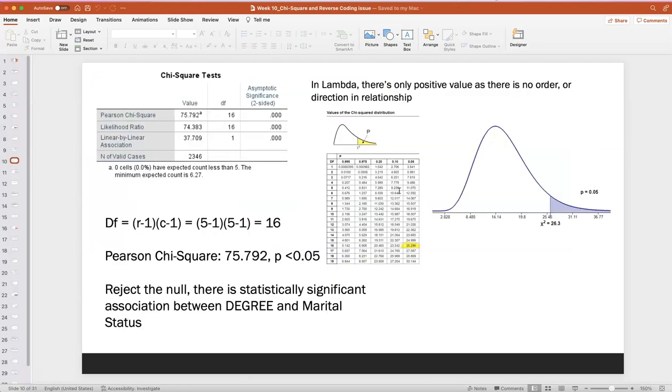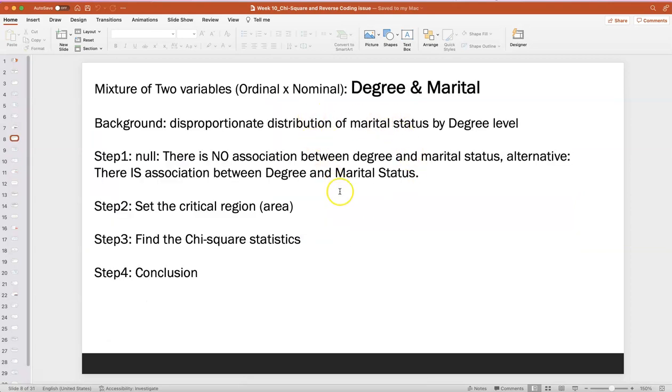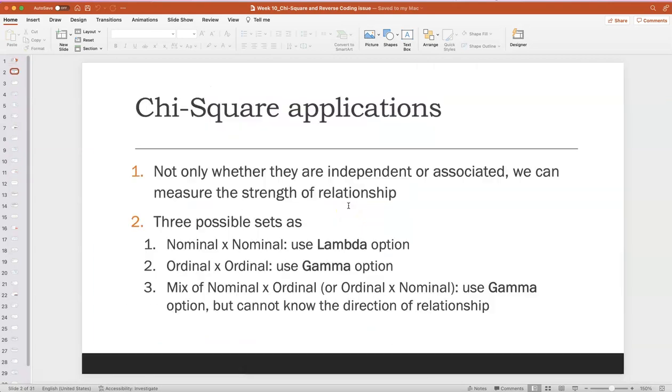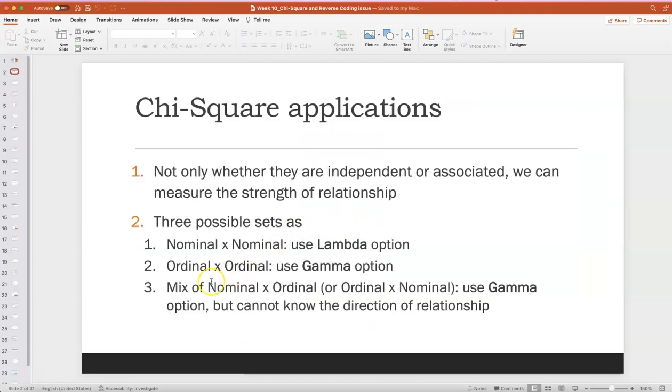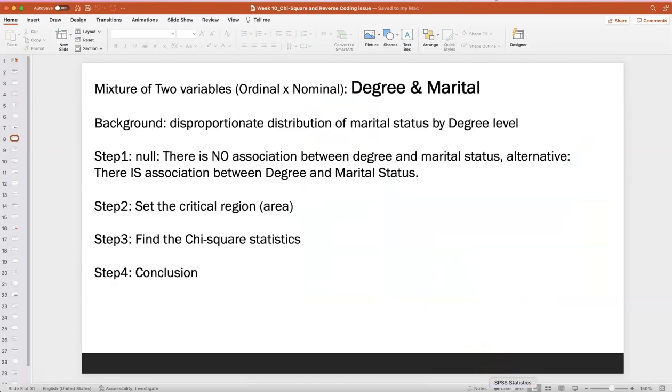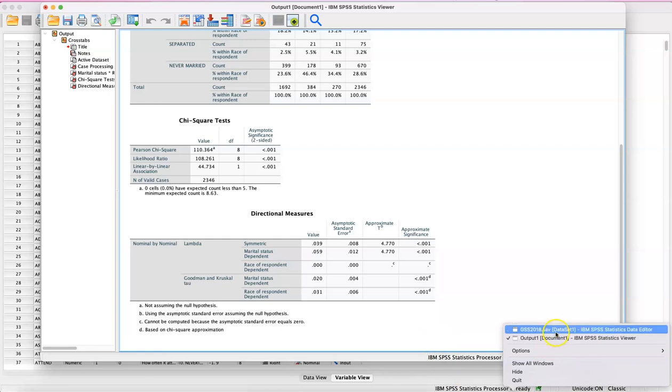In this case, we are using gamma because it is a mixture of nominal and ordinal variables, but we are not considering the direction of the relationship.